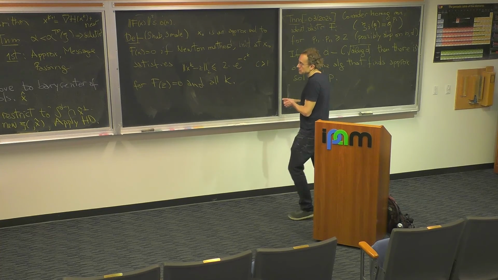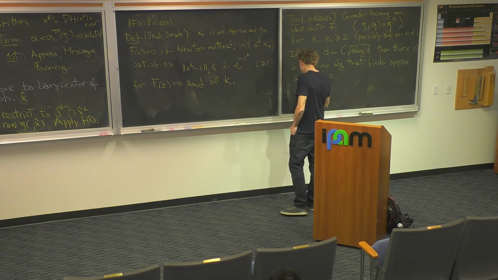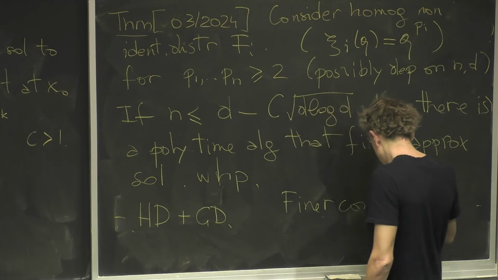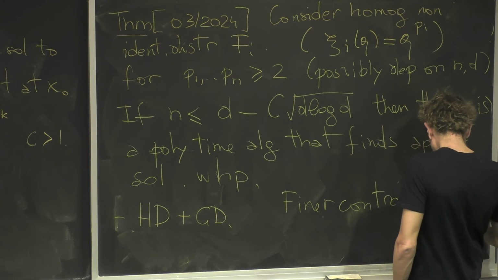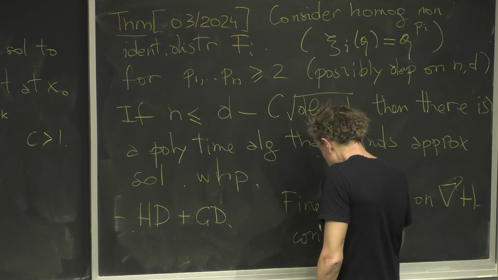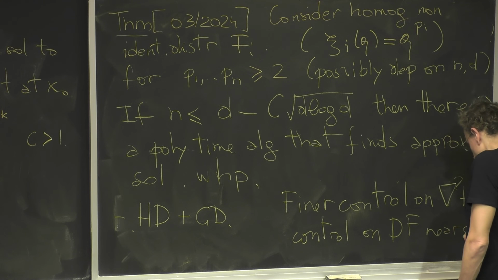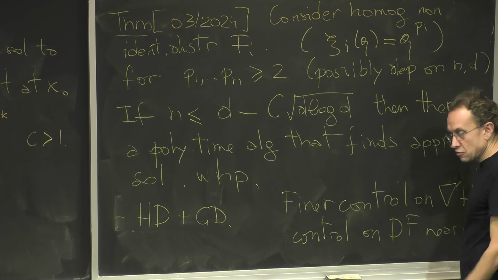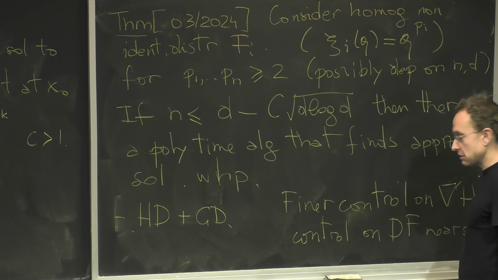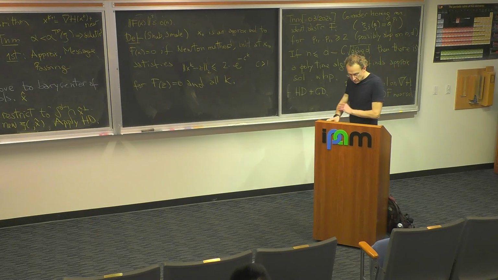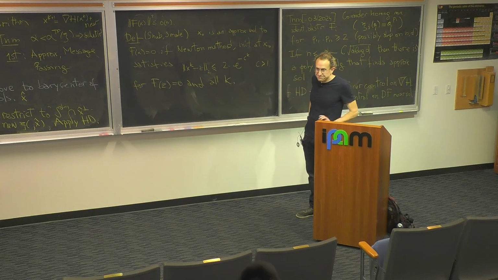So there is Hessian descent plus a phase of gradient descent, and we need finer control on the Hessian, and then control on the Jacobian near the solution. The point is that you cannot control the Jacobian everywhere, because there will be some saddles and degeneracy points, but near a solution we can control it quite well. Okay, I think that's all.